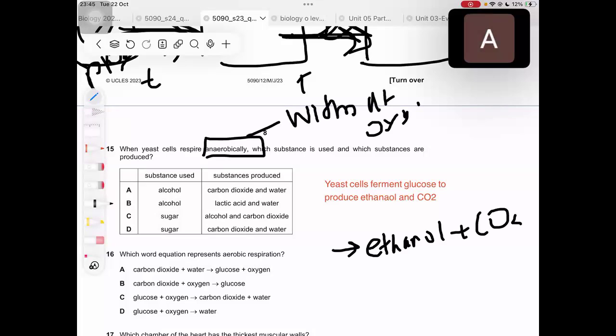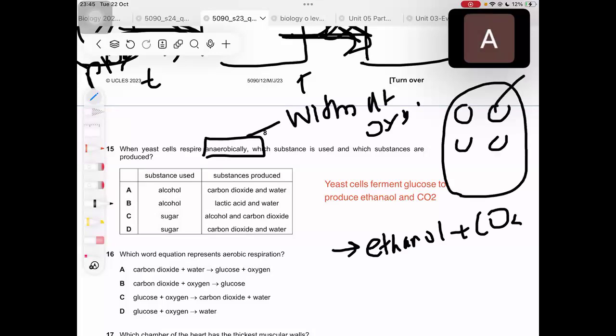Because when we produce bread, the bread will have large holes on it, and that's because carbon dioxide molecules have been produced and they have escaped. And yeast is also being used to produce ethanol as well. The yeast cells feed on sugars to do this.